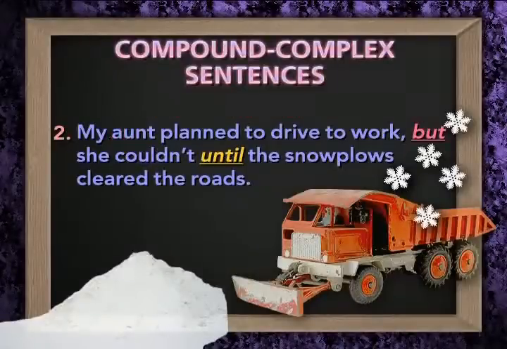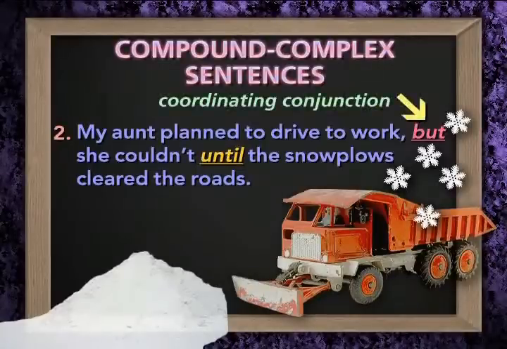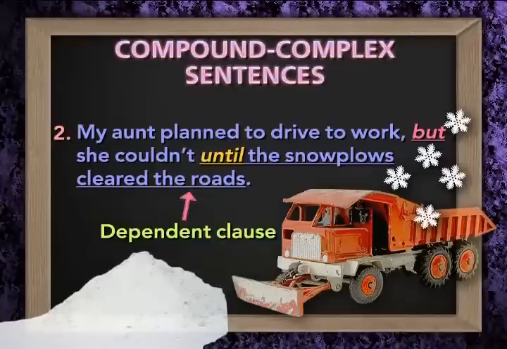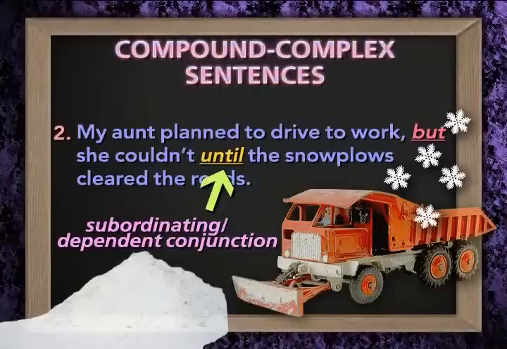So I have 2 independent clauses joined by my coordinating conjunction, but, compound sentence. To make it compound complex, I need some subordination. And that I achieved with the dependent clause until the snowplows cleared the roads. Until is my subordinating dependent conjunction.